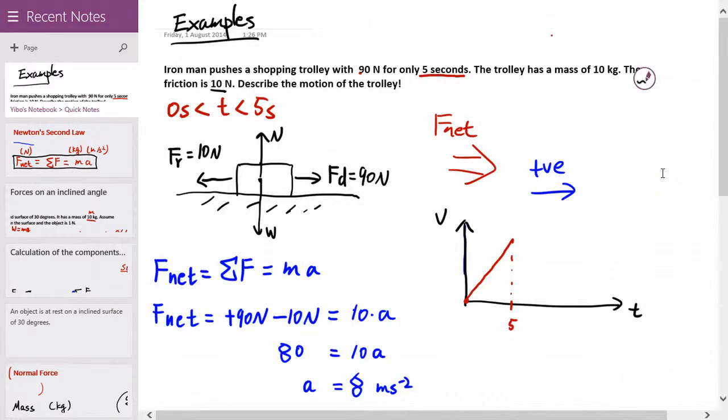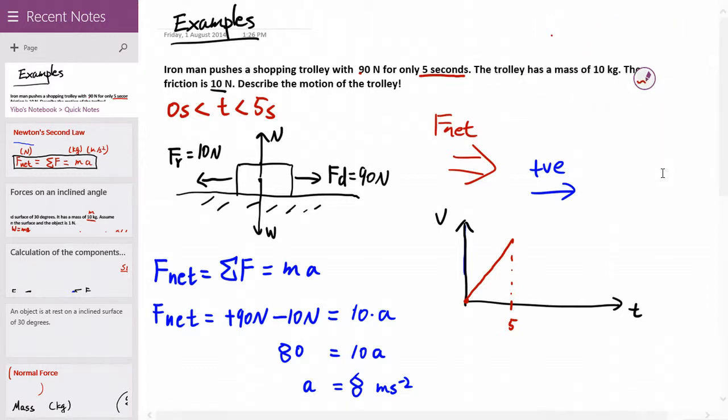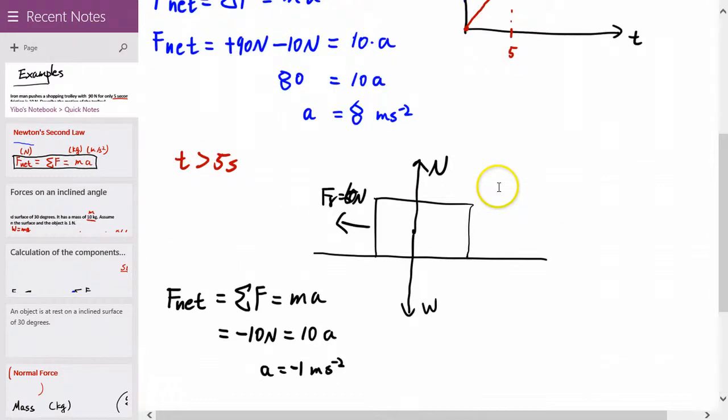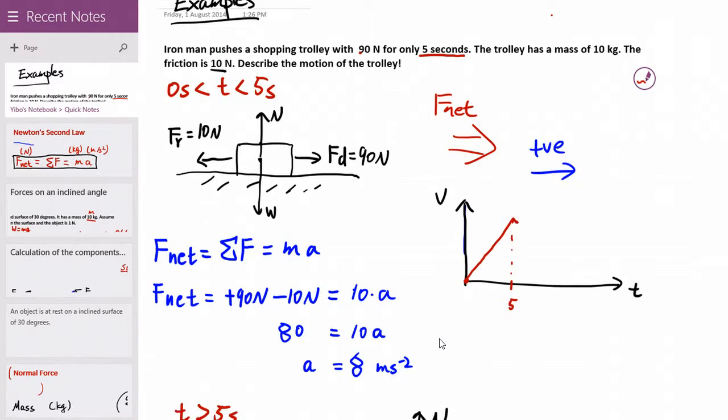If I draw that diagram, after 5 seconds the trolley is going to be slower and slower and slower, slowing down at a rate of 1 meter per second squared, which is a negative acceleration. So if I draw the graph, after 5 seconds it will slow down like this. I have no idea what the time is, and the graph is not drawn to scale. This should be less steep.